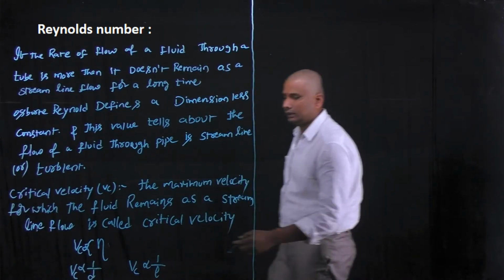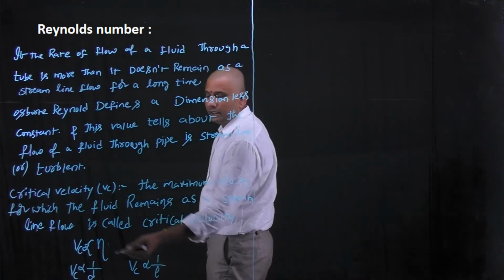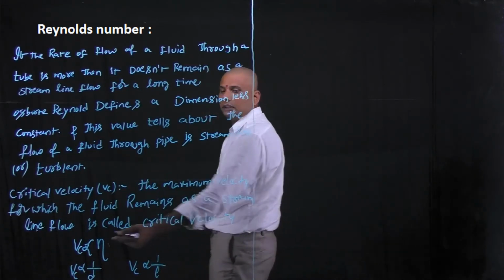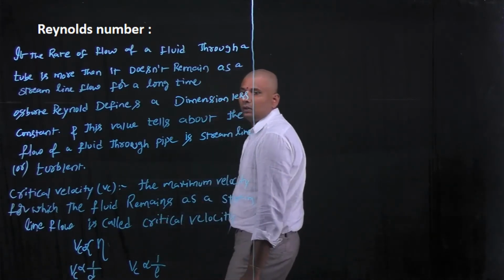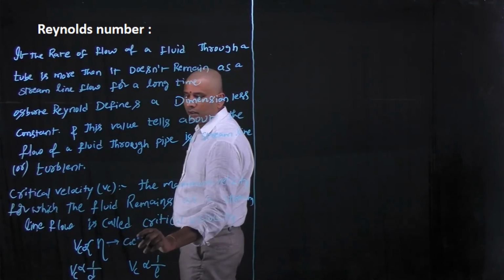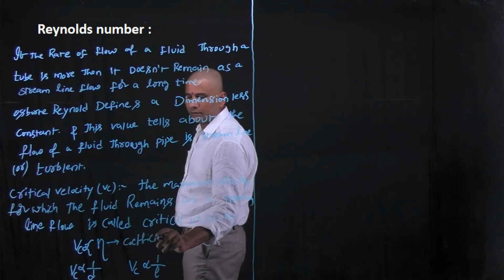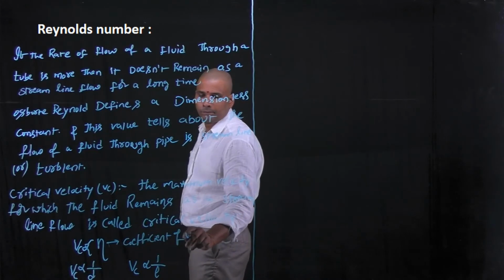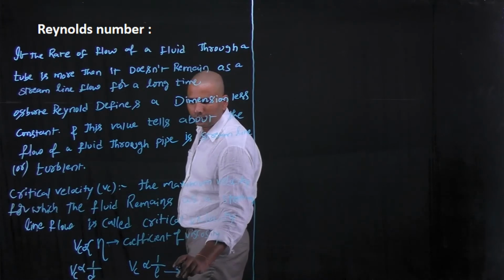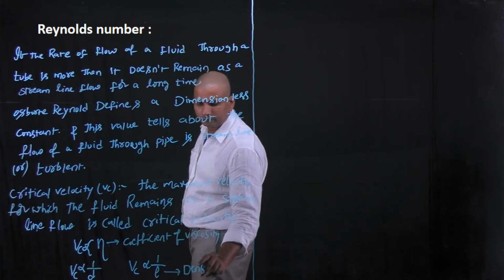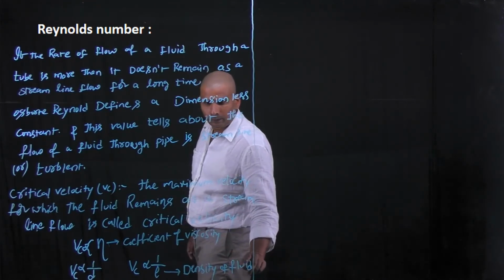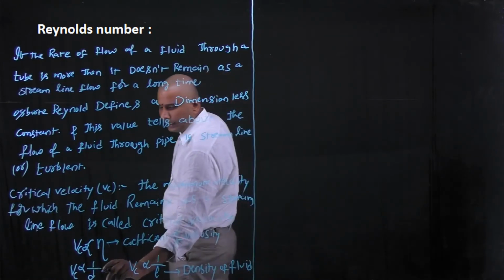The critical velocity depends upon these three parameters. Here eta is the coefficient of viscosity, rho is the density of the fluid, and d is the diameter of the pipe.